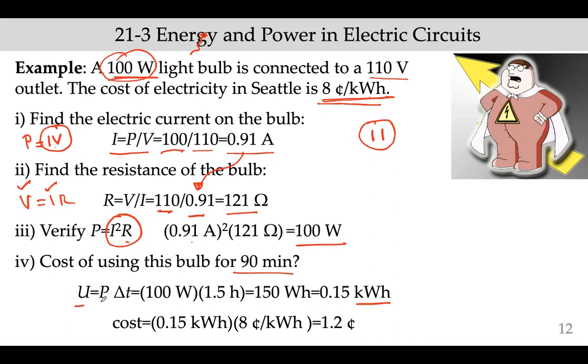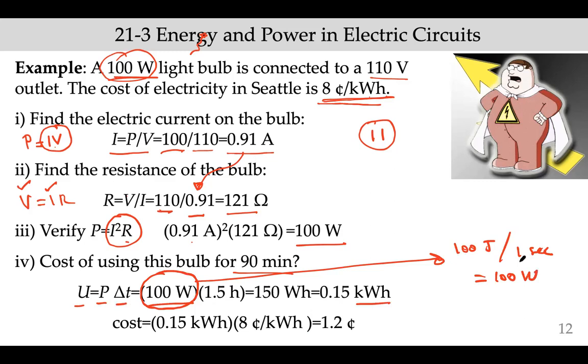So energy is power times time. Power is 100 watts. In other words, 100 watts means this light bulb would consume 100 joules per 1 second. That's the meaning of it, and joules per second is watts. So this equals 100 watts.